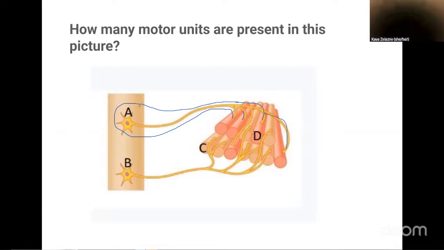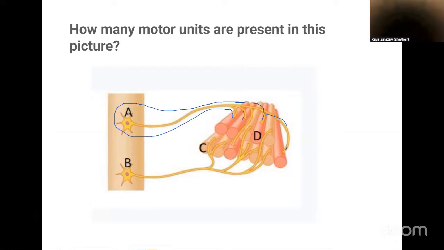Which means that if you send an action potential down this somatic nerve A, on this motor neuron, all of those muscle fibers that are attached to it at the end are all going to get this action potential basically at the same time. So they're going to contract together, right? Because they're all responding to that same thing.